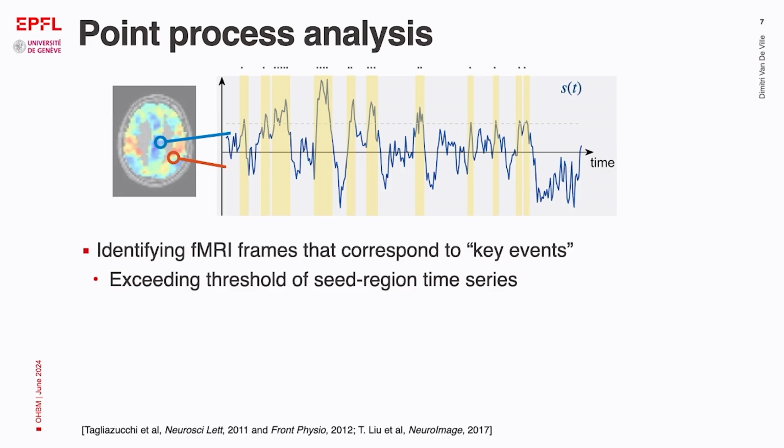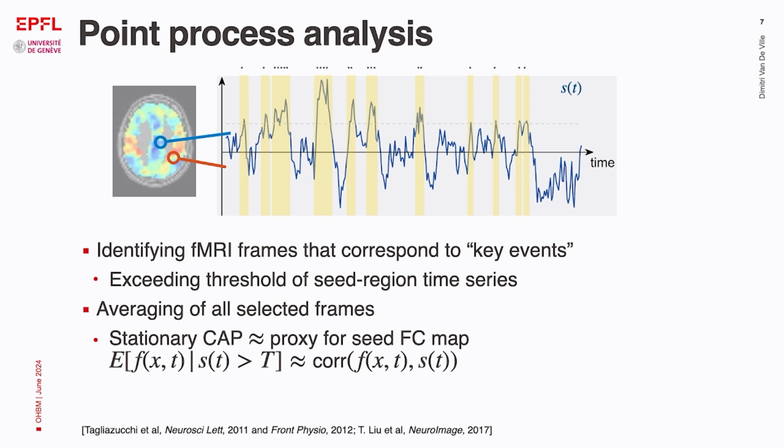So let's move to the next method, which is based on the point process analysis concept, where you typically take a time course of a seed region, you normalize it, and you look with a threshold at some of the peak values to identify some key events. Then one first thing you can do, as Tom already alluded to, is you can average all these selected frames.